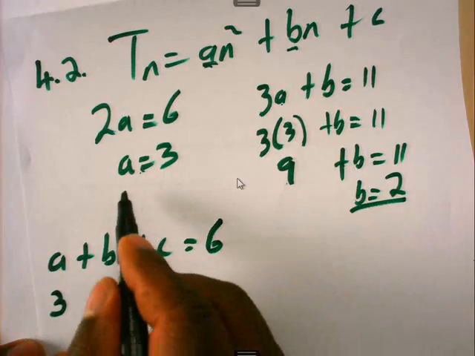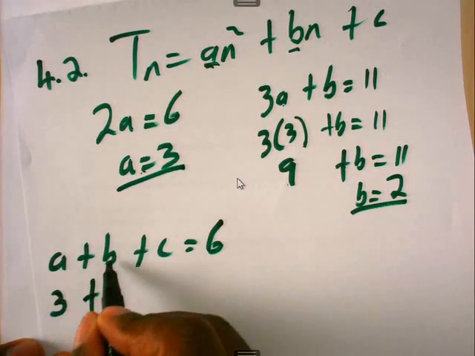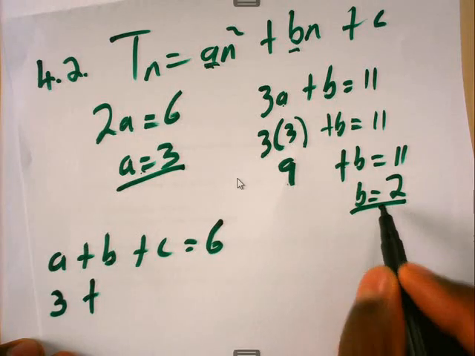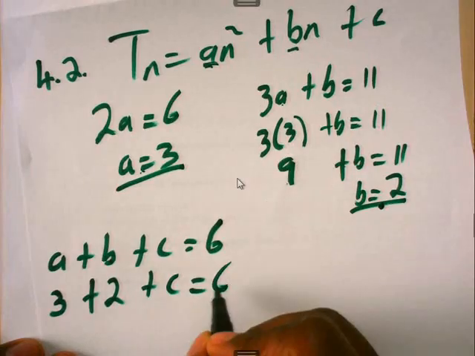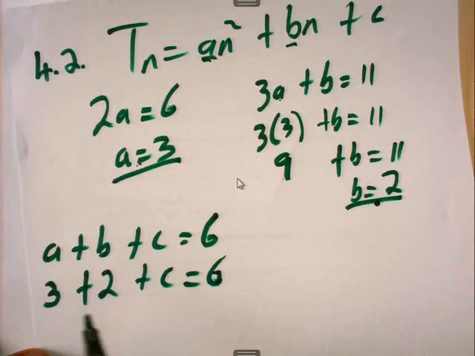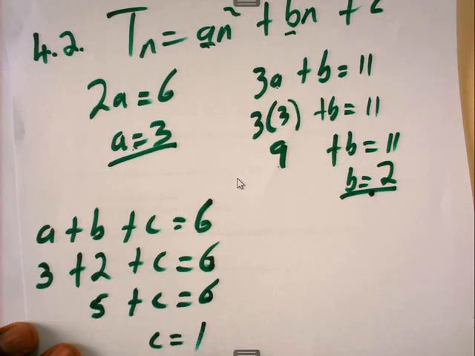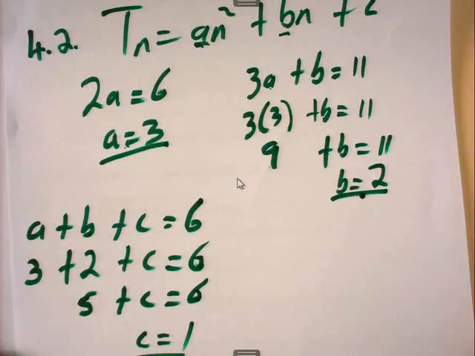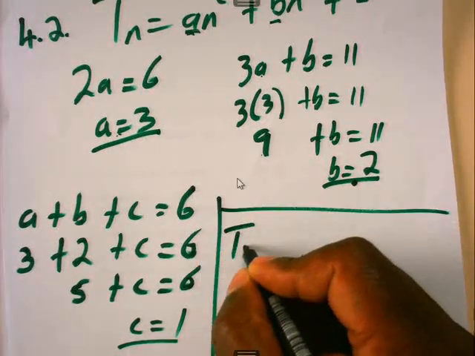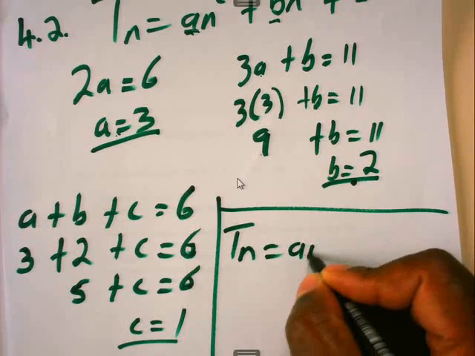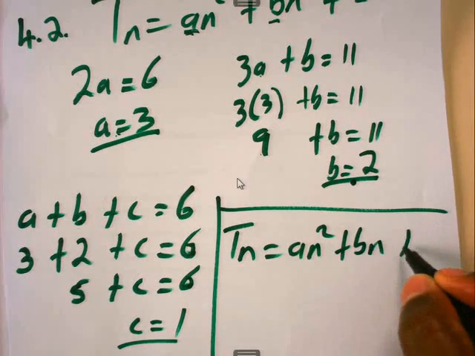A is 3, so we substitute A by 3. What is the value of B? B is 2. We substitute B by 2. Then we need to determine the value of C. Therefore, 3 plus 2 gives you 5. Then you transpose. C will be equal to 1. So the quadratic number pattern is given as Tn equals an squared plus Bn plus C.